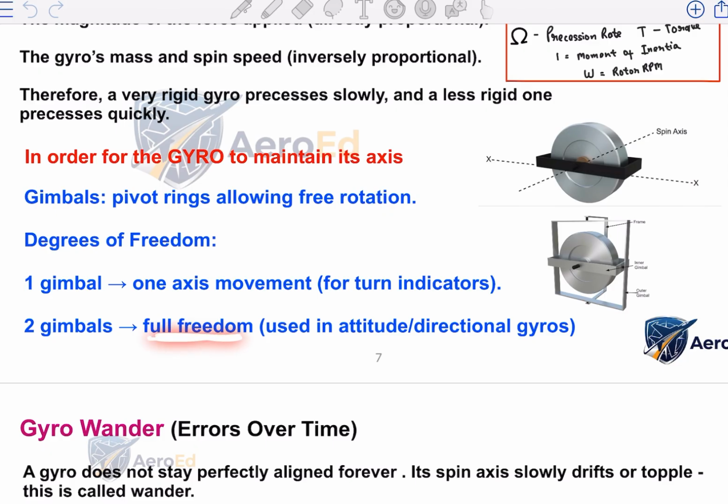And two gimbals allow full freedom, that means it can move in any direction, up, down, left, right, so it can keep pointing the same way even if the plane tilts or turns. Where is it used? One gimbal is used in turn indicators, and two gimbals, which give full freedom, are used in the artificial horizon and the directional gyros. So you have to learn this, and most of the questions come from this part.